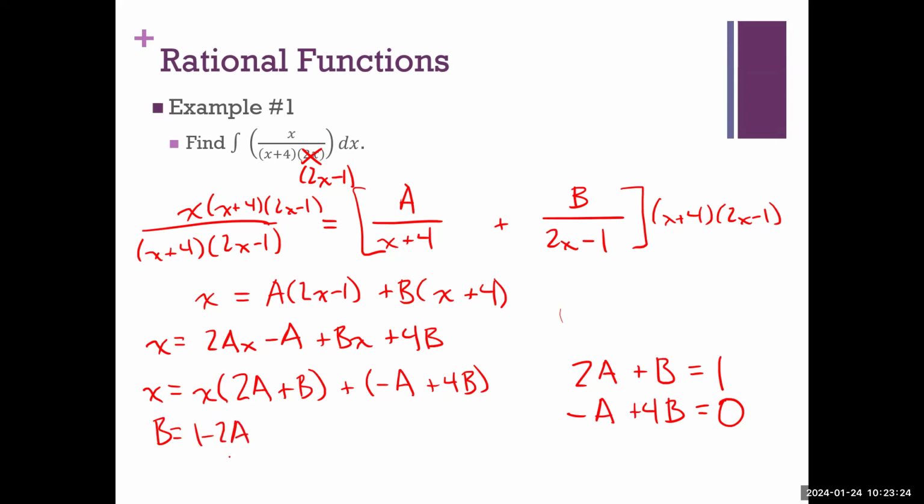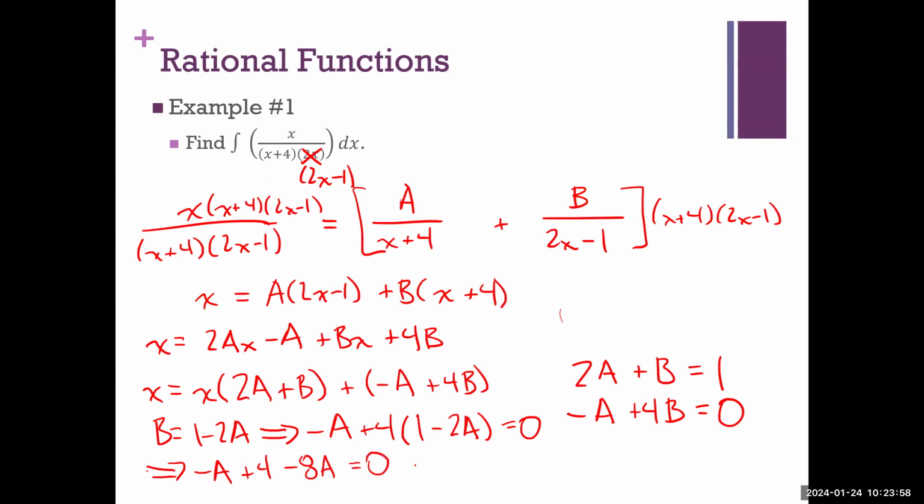and then what do I do with that b equals 1 minus 2a now? That means that the other equation could be rewritten like negative a plus 4 times 1 minus 2a equals 0. So negative a plus 4 minus 8a equals 0.